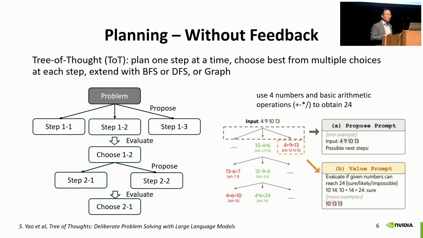Because it's like a tree, you can also apply other commonly used search algorithms, such as breadth-first search or depth-first search. In addition, people also extended this tree structure into a real graph, so you can make an even more complicated plan.